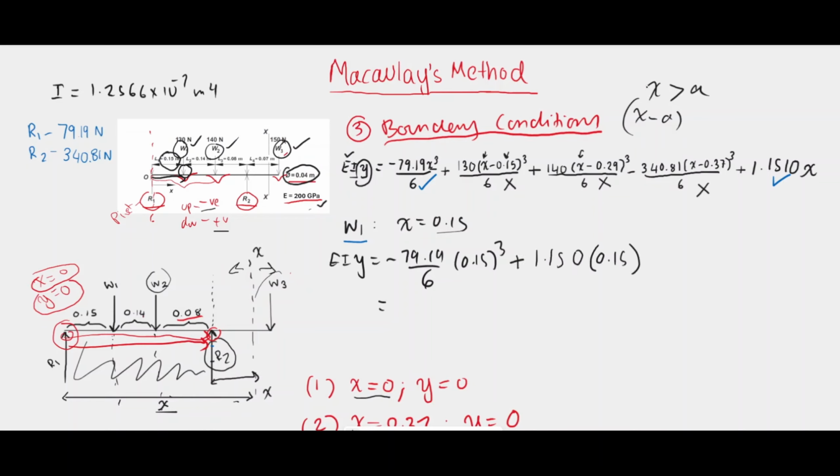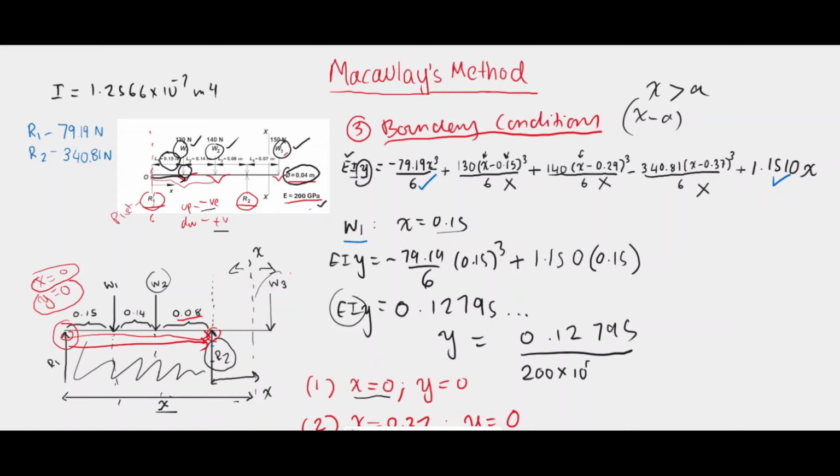And that simplifies to, now we just divide both sides by EI, and that will give you y is equal to 0.12795 over E, which is given, that is 200 gigapascals. So that's 10 to the power of 9 times the I value that we calculated, 1.2566 times 10 to the power of minus 7.